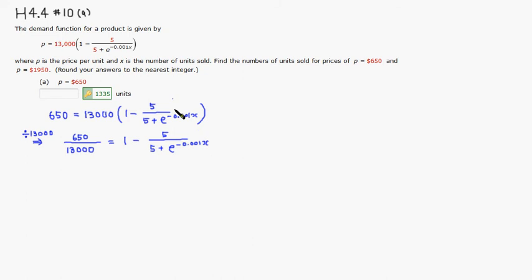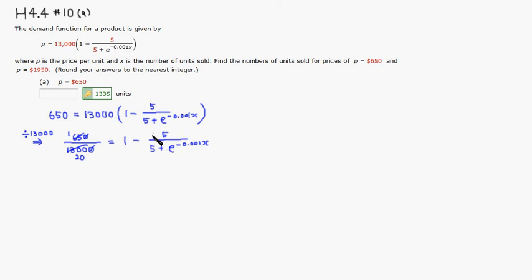Let's simplify a bit. 65 times 2 is 130, so it's divisible nicely. 13,000 divided by 650 is 20, so this is just 1 over 20.